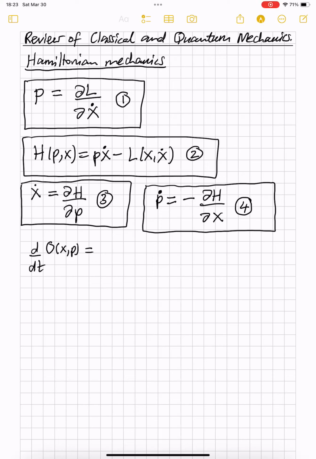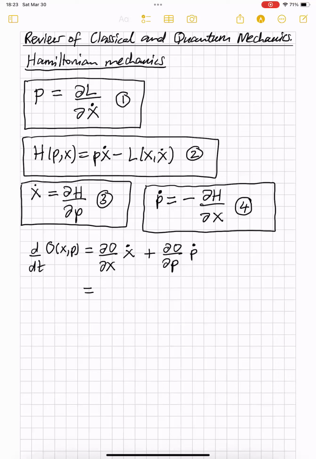Well, this will be equal to dO/dx times x dot. So that's taking care of the time dependence because x depends on time. And then plus dO/dP times P dot. Okay?